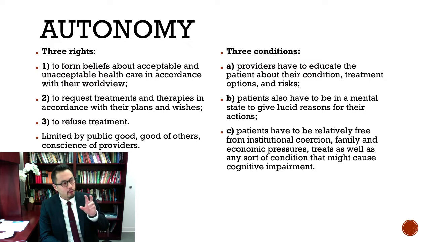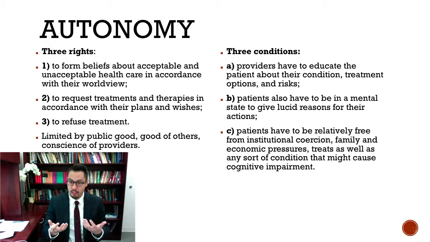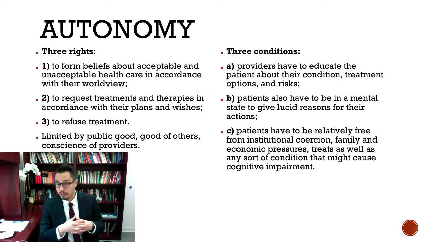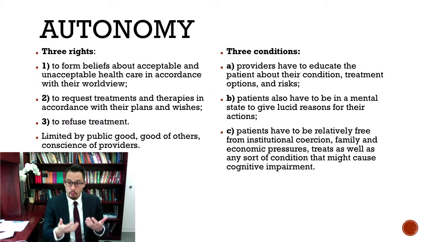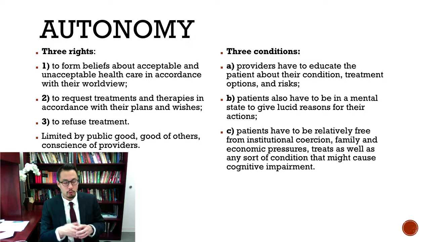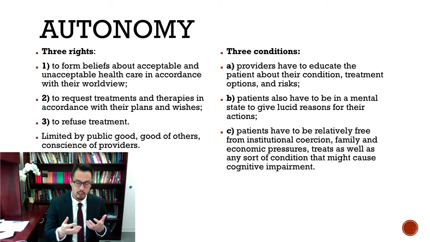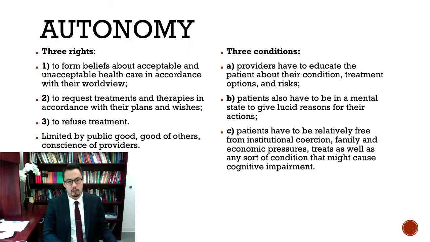Now, in order for patients to exercise their autonomy, there are certain conditions. Number one, the providers have to educate the patient about their own condition, as well as explain to them in a language that they can understand their treatment options, as well as the risks involved. Number two, patients have to be in a mental state that is capable of giving lucid reasons for their actions.